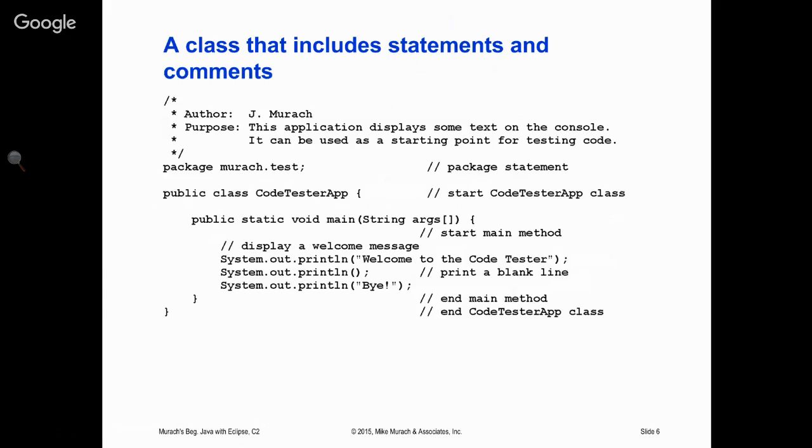For humans. It's documentation. If somebody else comes into our code, we want them to be able to understand it. Even you might want to read your own comments because you may have no idea what you did. It helps document the code.